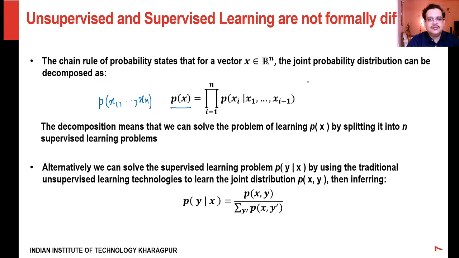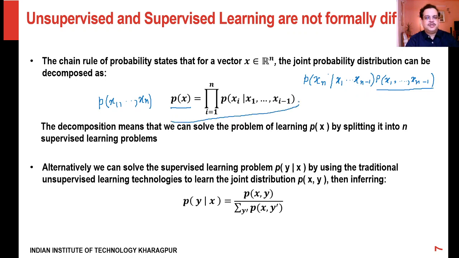After using Bayes rule for the first time, I get this as P of xn given x1 through xn minus 1, times the probability of x1 through xn minus 1. This is the standard use of Bayes rule, and then I can recursively use the same thing on this, and that will give me this expression.